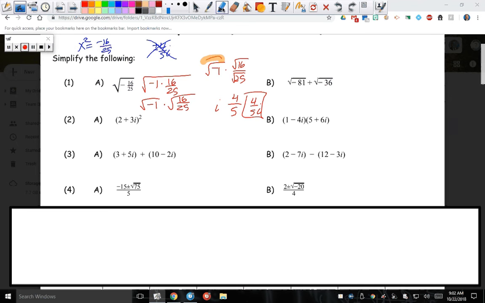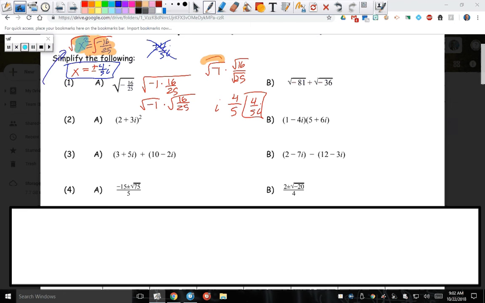If you have something where a variable squared is set equal to a constant, that's the only time that you would take the square root of both sides, which leaves x on the left and a plus or minus answer on the right. And we already know the square root of negative 16 over 25 comes out to 4/5 i, so you would have something that looked like this. Again, that's if and only if it was set equal to a constant.